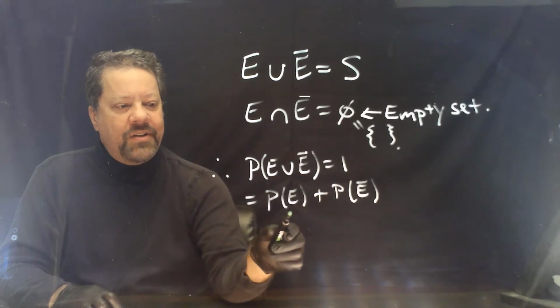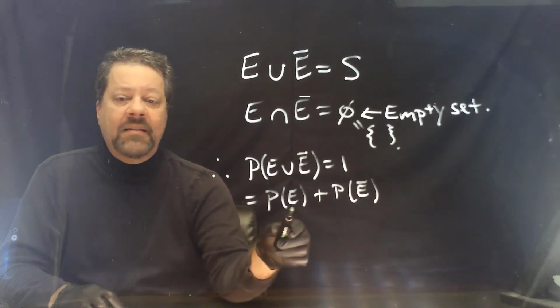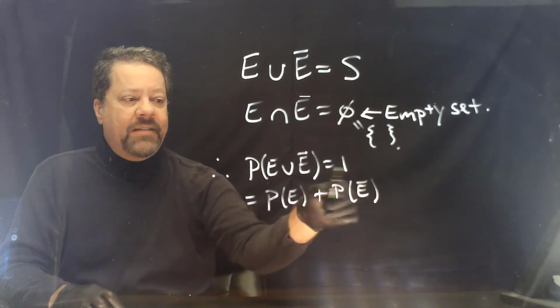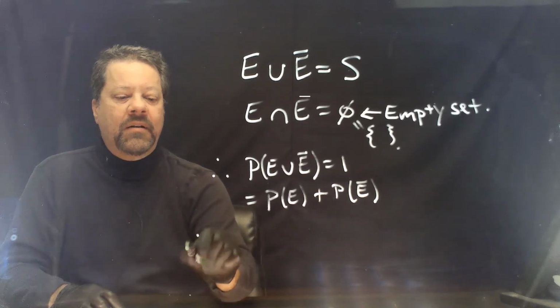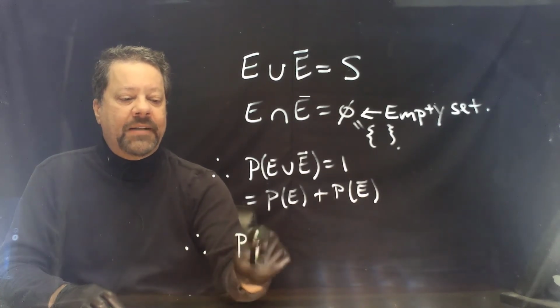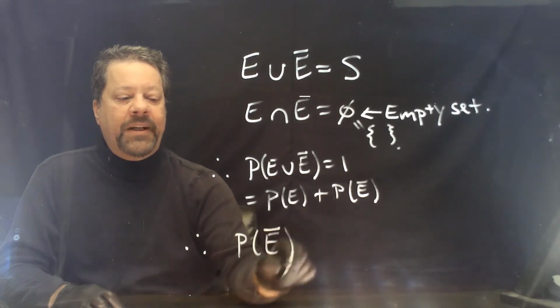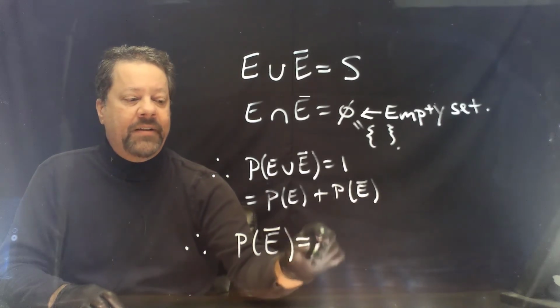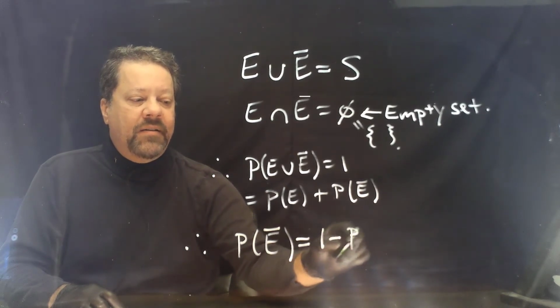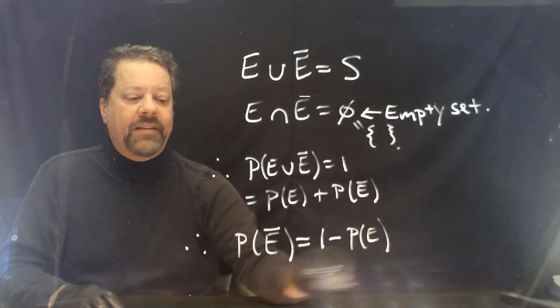By rearranging the terms, by subtracting the probability of E from both sides of the equation, we finally come to this. The probability of the complement of an event is 1 minus the probability of the original event.